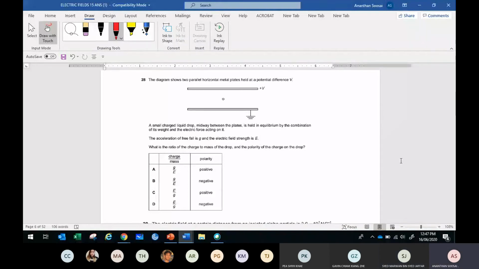Okay, so I receive answer D. So is it D? So charge per unit mass.